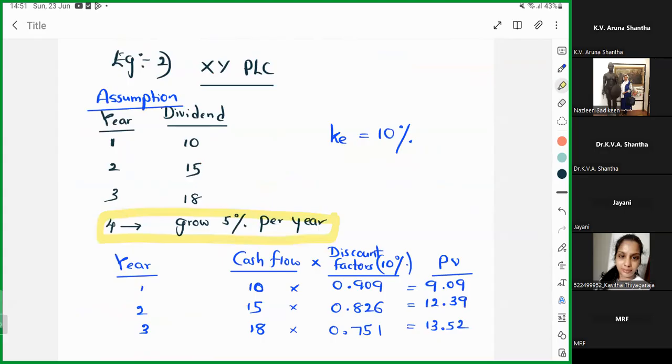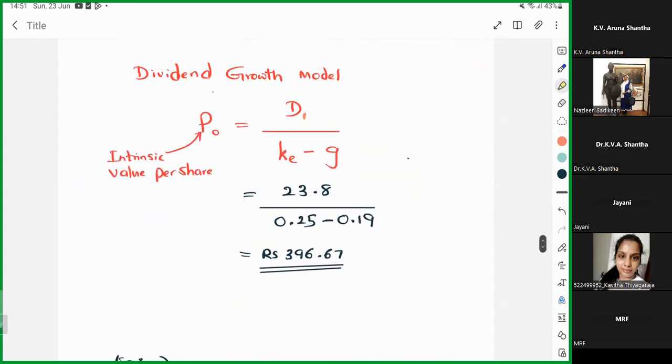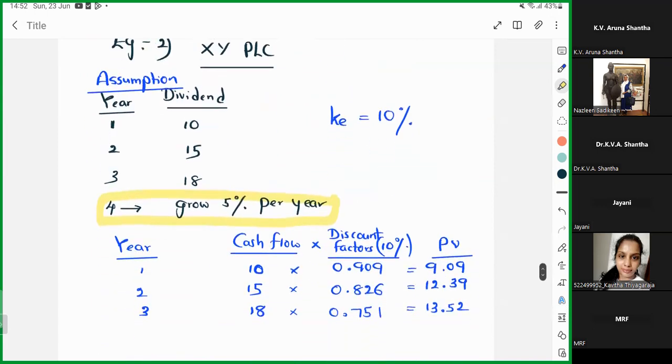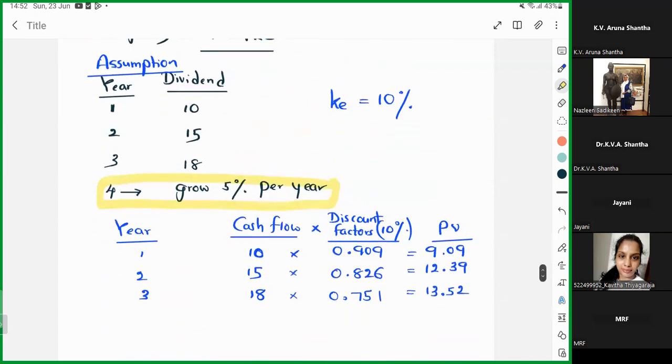So when the dividend grows at a particular rate, you can apply the dividend growth model to get the present value of the dividend. Now listen to me very carefully. Here, the dividend grows by 5% from the fourth year onwards.